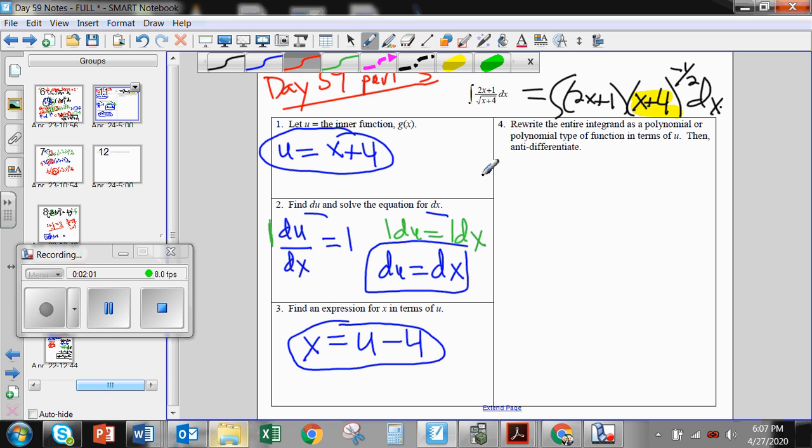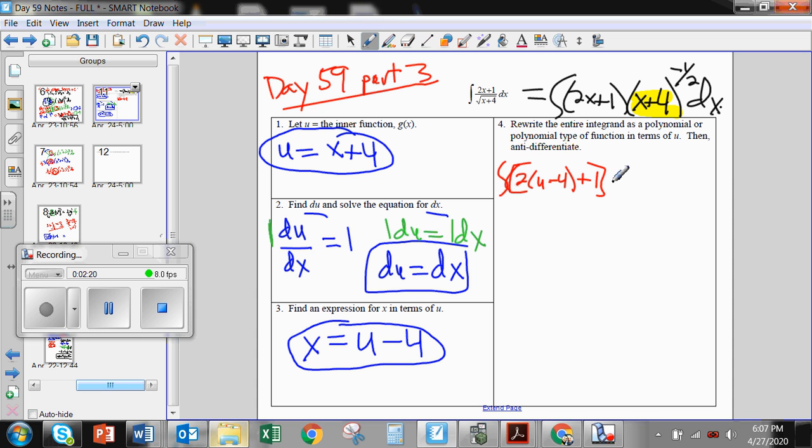Then anti-differentiate. So we have the integral of parentheses, but I need to do another parentheses. Every place I see x, I'm going to put a u minus 4. Just put brackets over here, plus 1. Brackets, what's x plus 4? Okay, that's u.